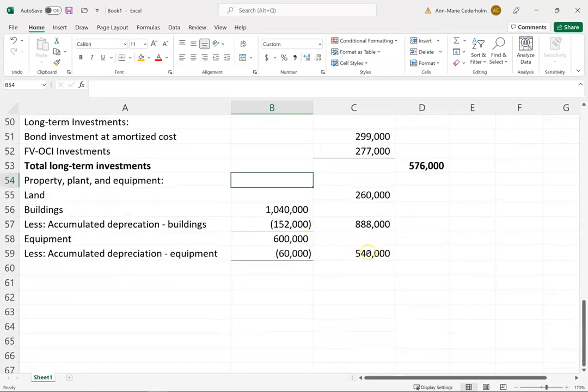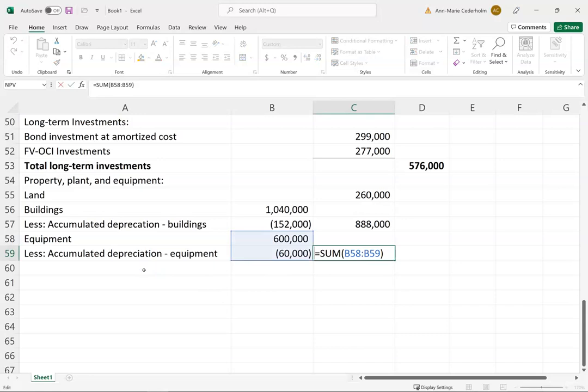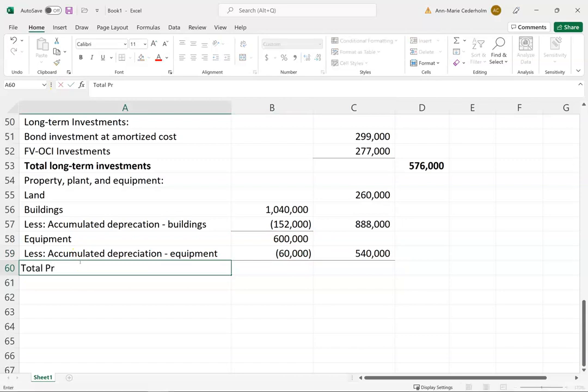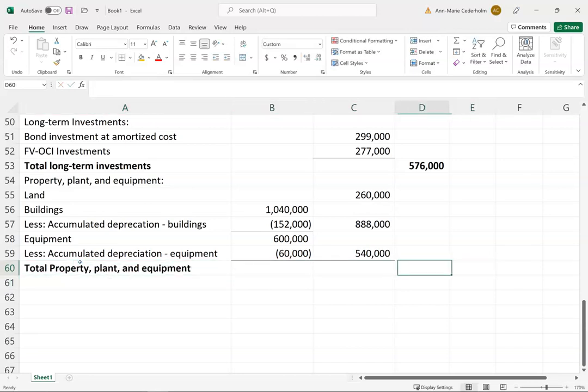So now what I can do is just add these 3 up. And call this total property, plant, and equipment. And I'll just put the subtotal here.